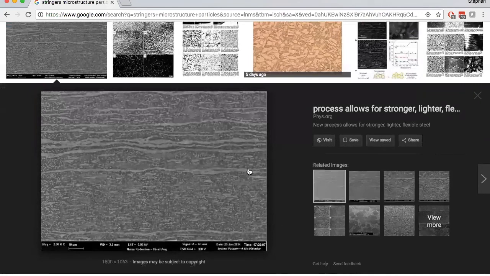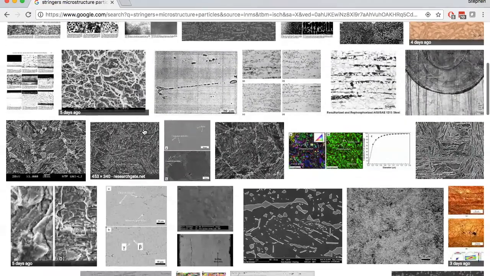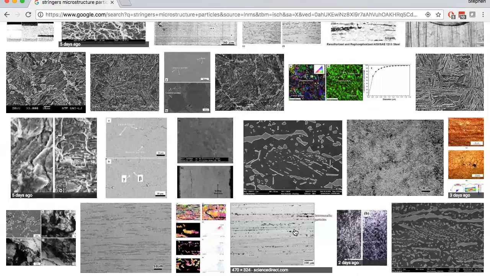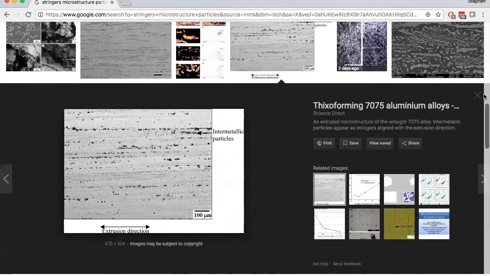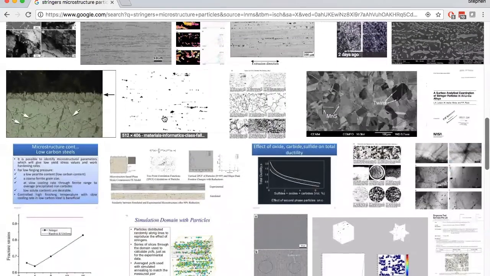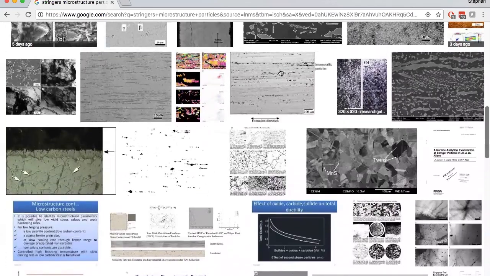Right, you get layers that look like that. That's from a high strength, low alloy. Well, that's aluminum. But anyway, you get the idea of what the structure looks like, right?